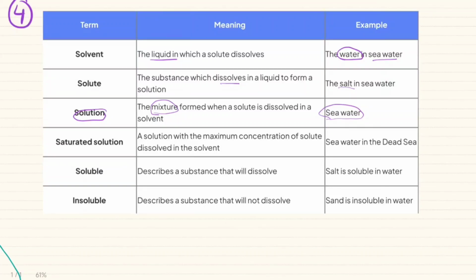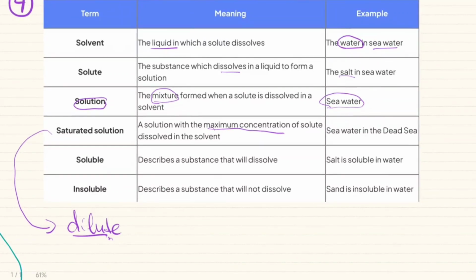It is a solution with the maximum concentration of a solute dissolved in the solvent. An example might be the water in the Dead Sea. And the opposite of saturated is dilute. It is a solution with a low concentration. Just keep it in mind.